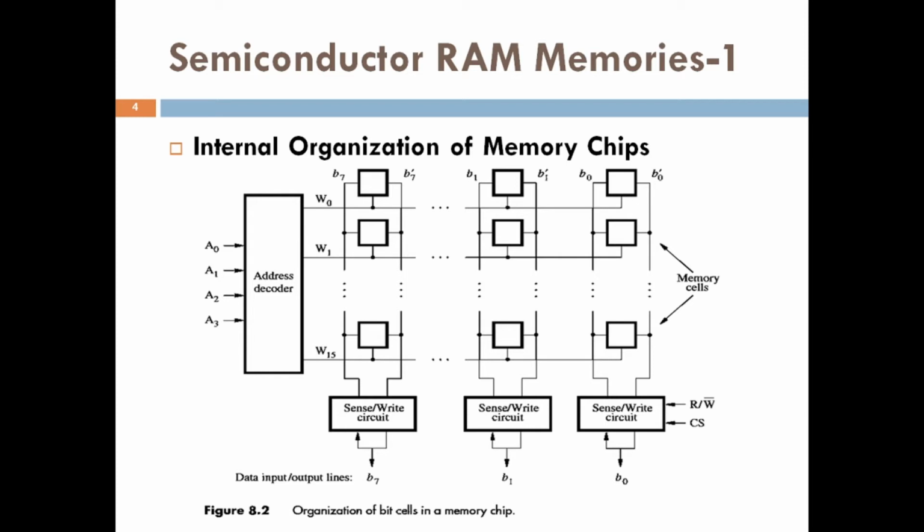Most of the memories we have today are semiconductor RAM memories, available with different speeds, and their cycle times normally range from 100 nanoseconds to less than 10 nanoseconds.